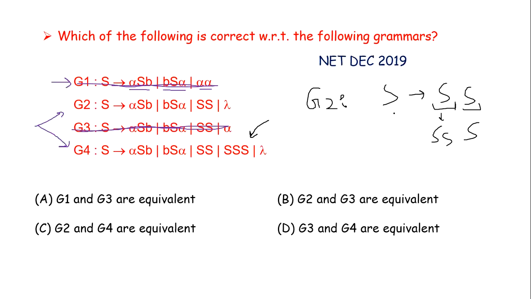So we can derive this production, that is S gives triple S, in G2 also. The rest of the productions are the same. The only difference was that triple S was present in G4, but we can derive this production in G2 as well. So we can say that G2 and G4 are equivalent. So the right answer for this question will be option C, that is G2 and G4 are equivalent.